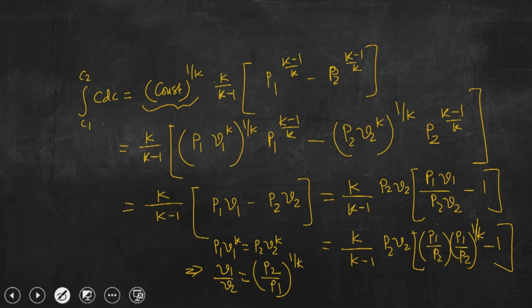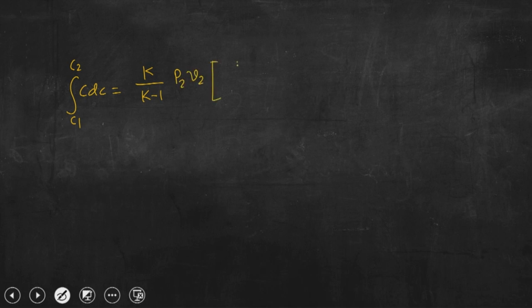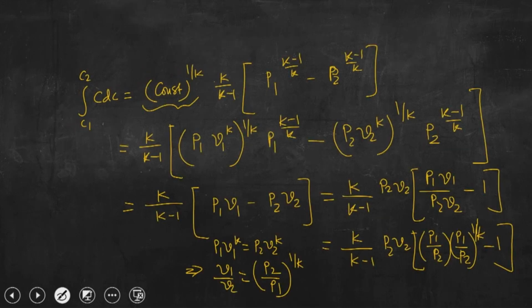If we go to the next slide, we can write the integral C1 to C2 CdC equal to k by k minus 1 P2 V2 into P1 by P2 power... sorry, I have done one small mistake here. It should be P2 by P1.